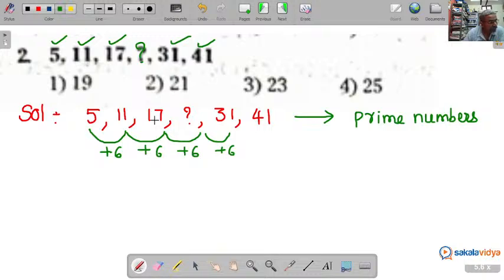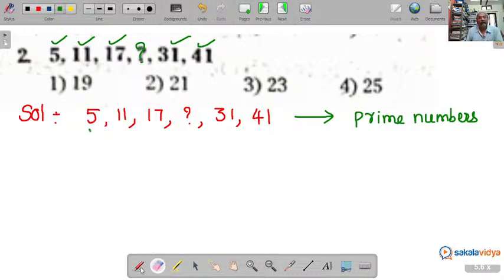See actually, 5, 11, okay, right. Here is one more pattern you can observe. What are the prime numbers?